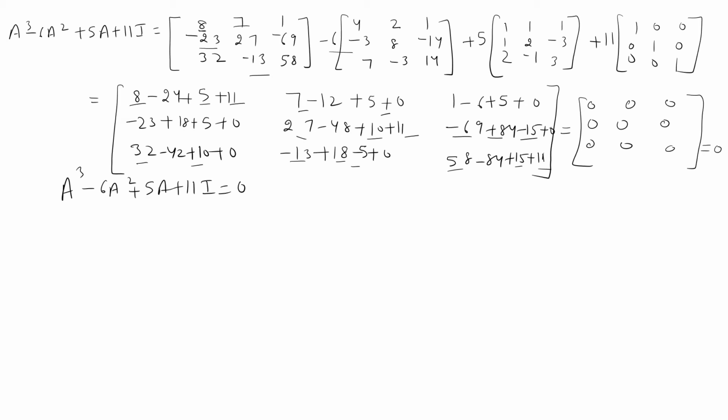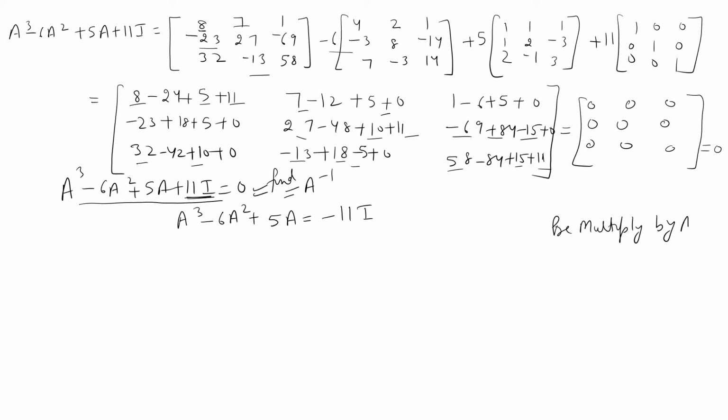Now we are supposed to find A inverse using this. So how do we frame the inverse using this equation? First of all, take the term including I to the other side, so it becomes minus 11I. Now I need to introduce A inverse here. For that I will pre-multiply by A inverse.